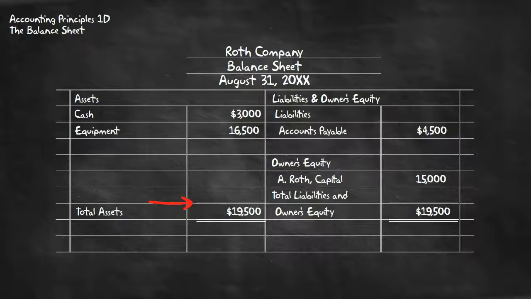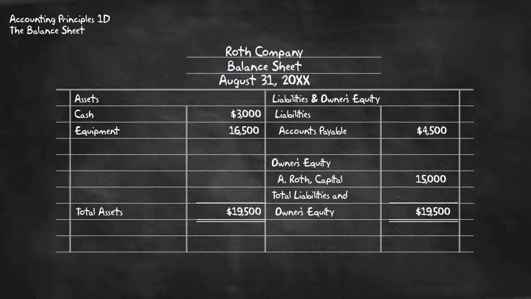This shows that $3,000 and $16,500 were added together to get the $19,500 total. A double line indicates the number above it is a total. Again, if you look at the $19,500, see the double line below it, which shows the amount of $19,500 is a calculated total.